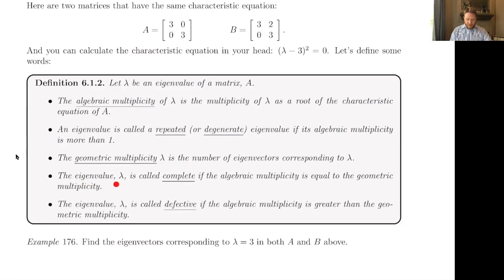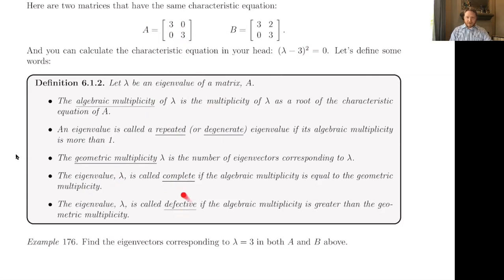Now, an eigenvalue is called complete if the algebraic multiplicity is equal to the geometric multiplicity, okay? So that's going to happen for A up here, where when I find the corresponding eigenvectors, I'm going to have 2. So this has an algebraic multiplicity of 2 and a geometric multiplicity of 2 because there are going to be 2 of them.